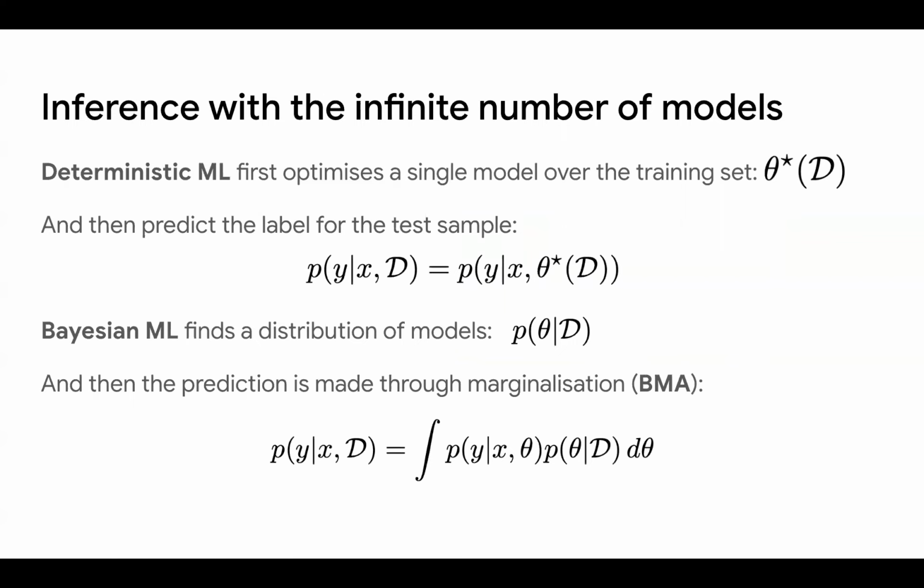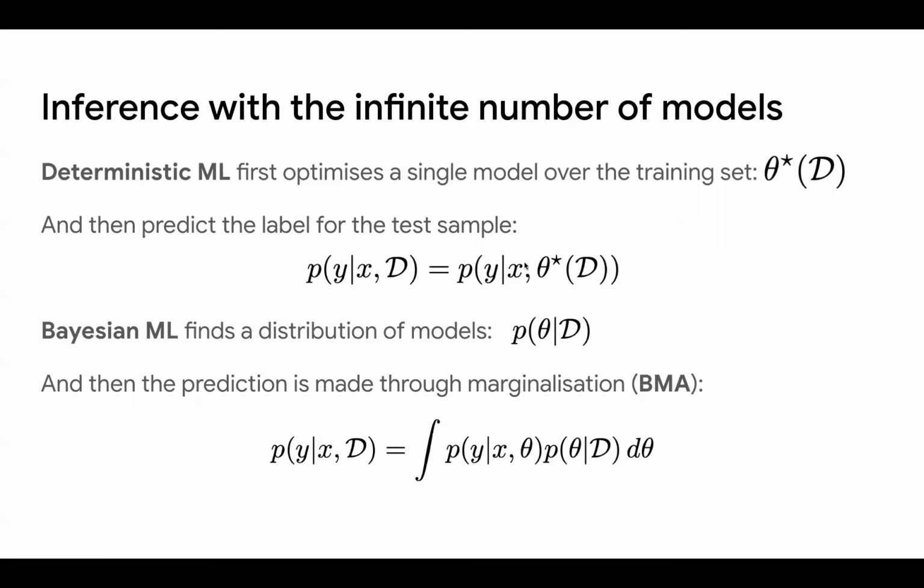Now, the way I like to think about Bayesian machine learning is you're basically training an infinite number of models at the same time. A deterministic model is training a single model at a time over the training set D, right? And you eventually get this theta star, which is a single model. And then what you do at test time is you use this model theta star to produce the output for the input of interest.